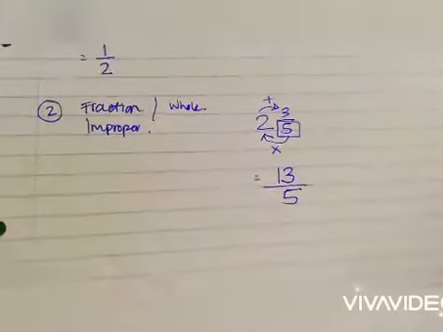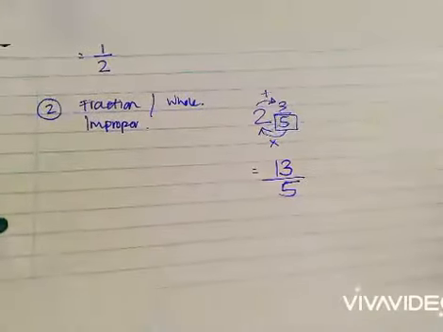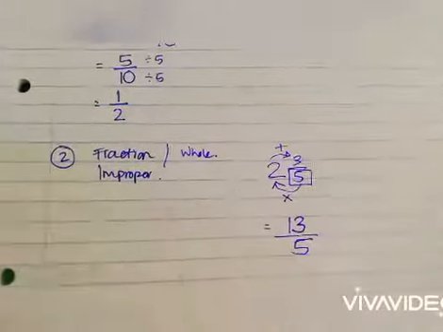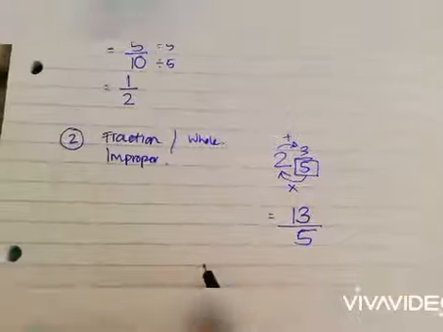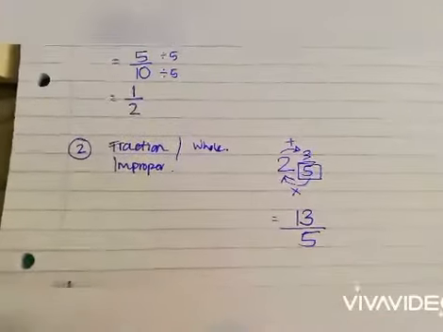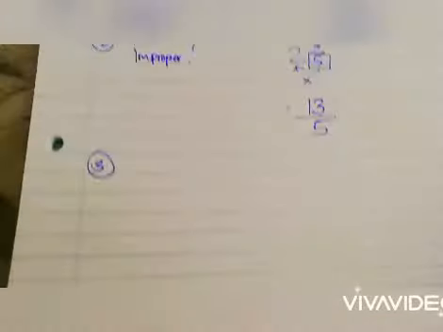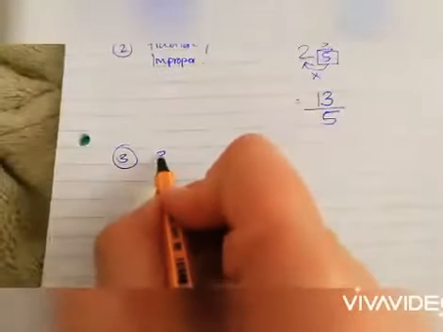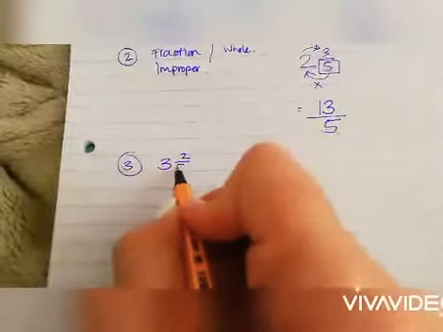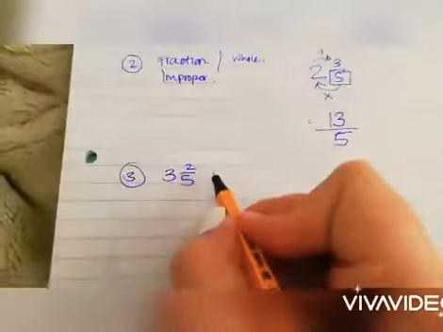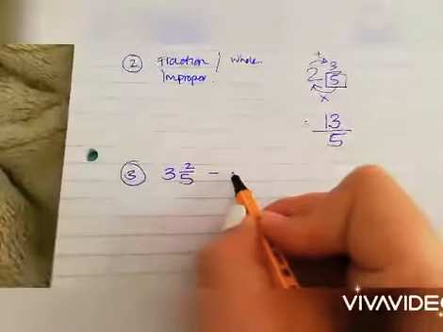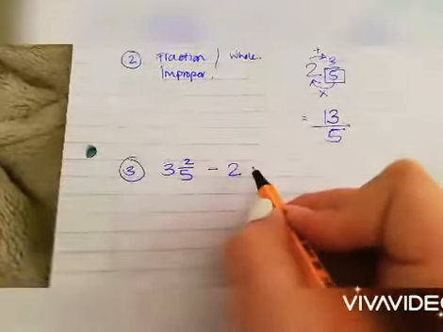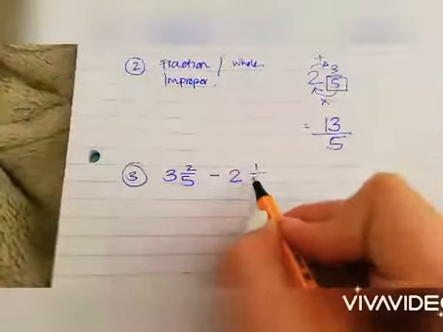Okay, so I'm going to do that quickly with another question, but I'm going to use a minus sum. So if I've got, let's make it number 3, 3 and 2 over 5, and I'm going to minus, let's say, 2 and 1 over 10.